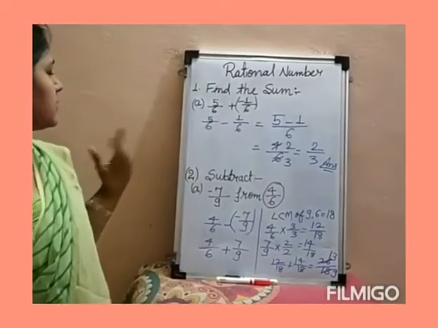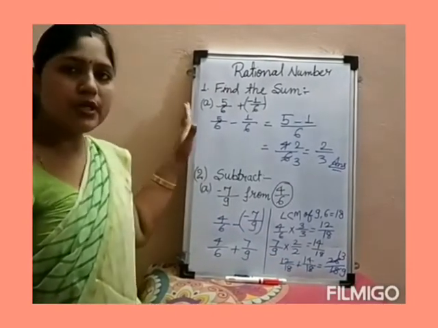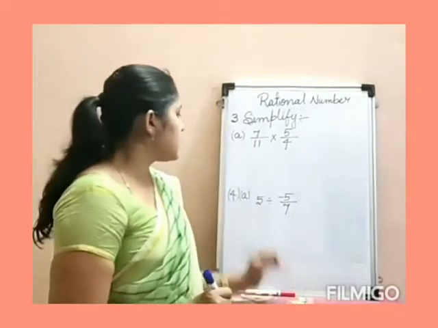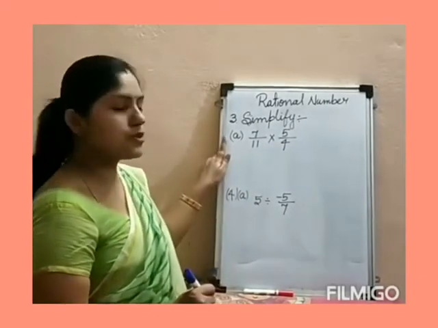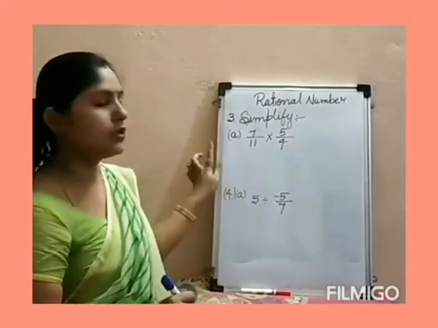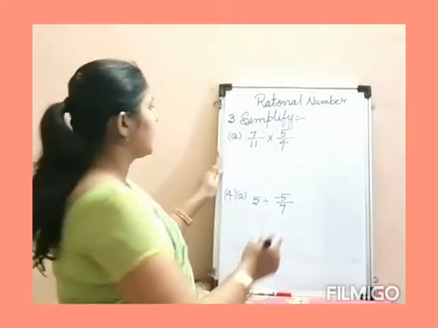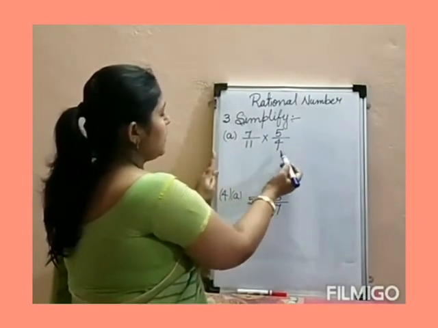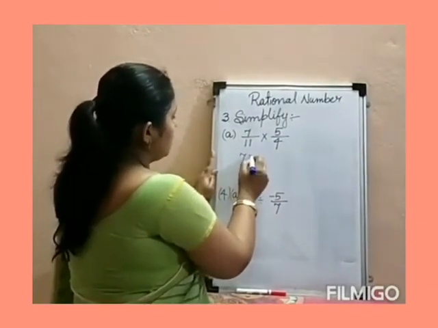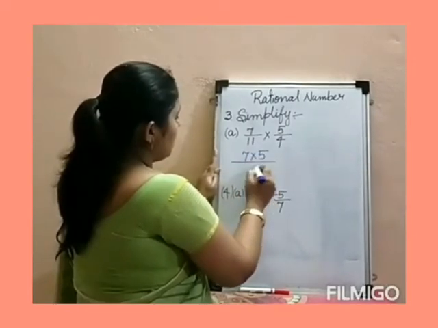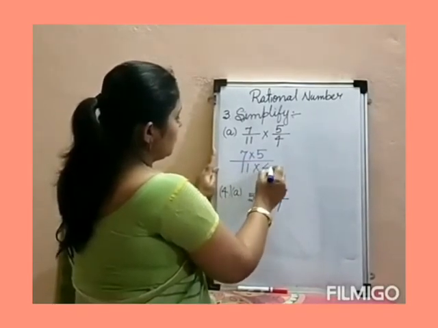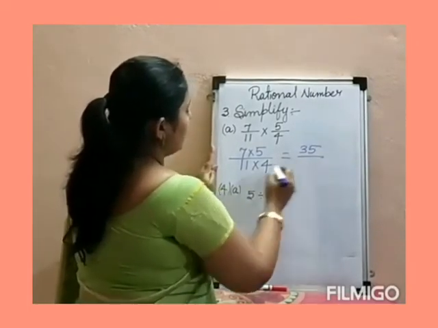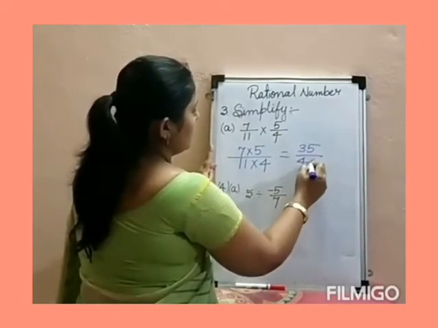Let's see our next exercise, that is multiplication and division. Here is exercise 3rd and 4th. Third question is multiplication and 4th is division. First we will do the multiplication. We will multiply numerator by numerator and denominator by denominator. So 7 into 5 upon 11 into 4. 7 5s are 35. 11 4s are 44.